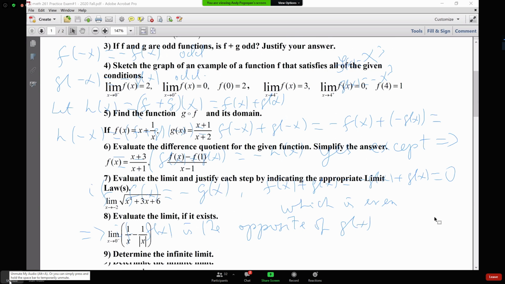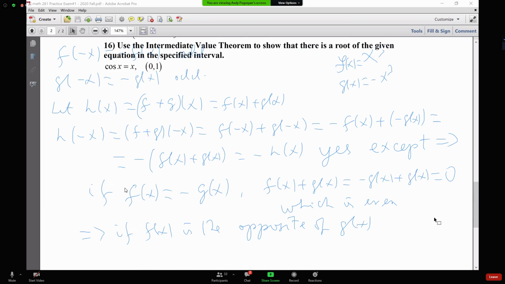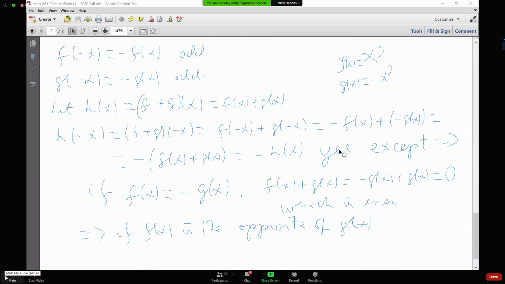Oh, okay. We just justify that it's yes, except those cases. So if we put no, we need to justify why. Again, you have to do the same work. So the work is the important part. And of course, the second important part is the correct conclusion at the end.